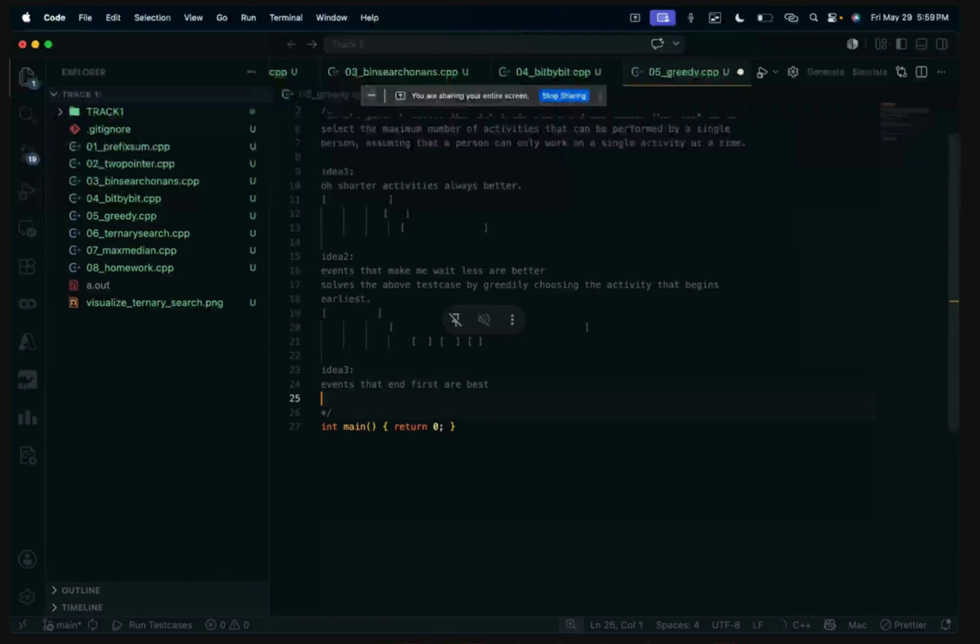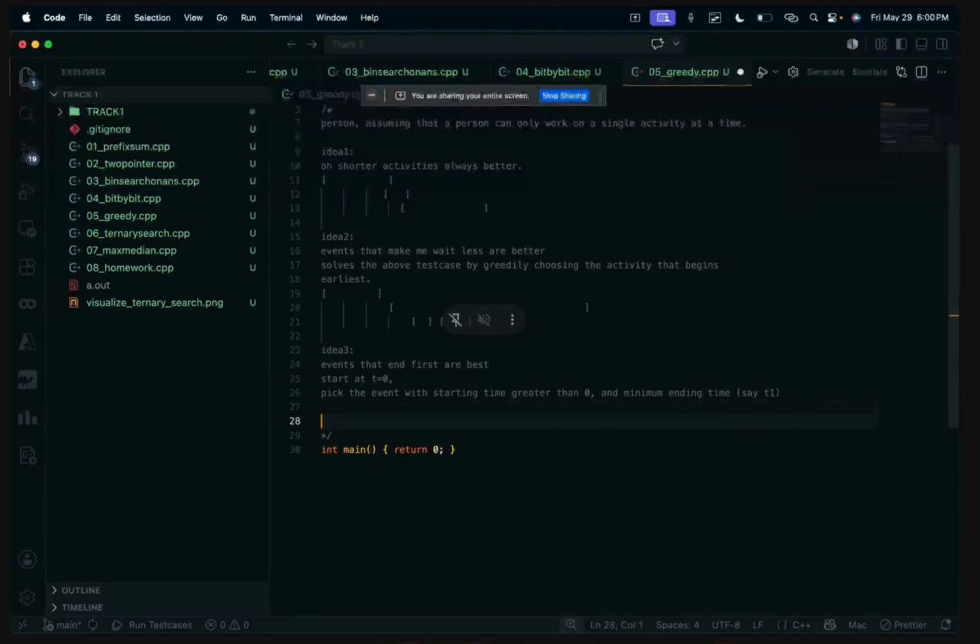The proof is quite straightforward. The strategy would be to start at t equals 0, and pick the event with starting time greater than 0 and minimum ending time, say t1.